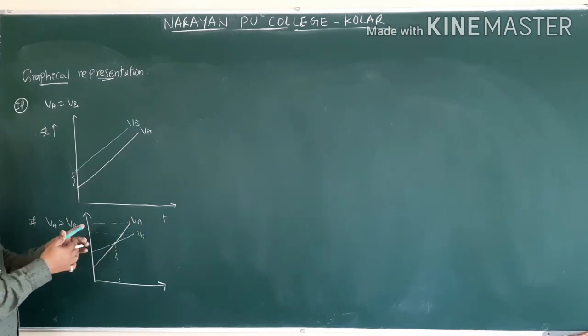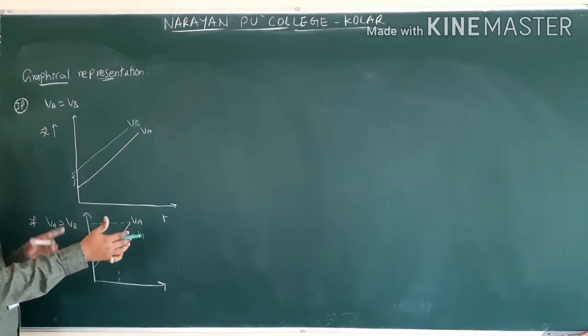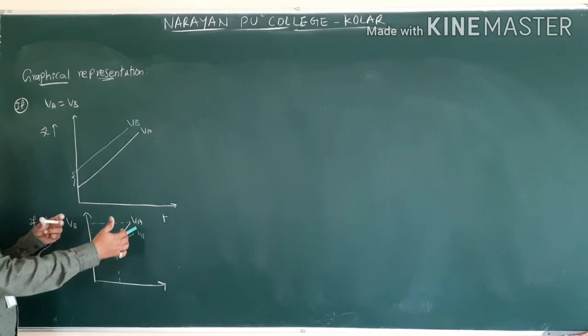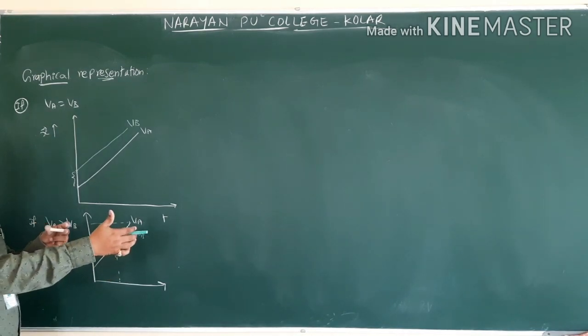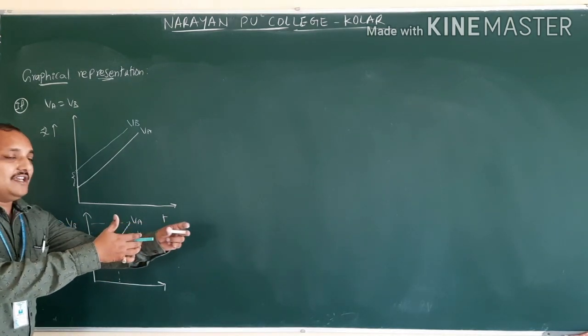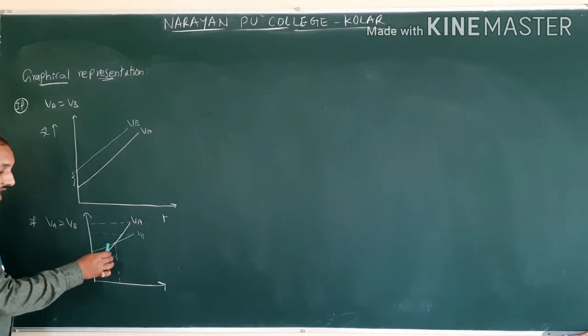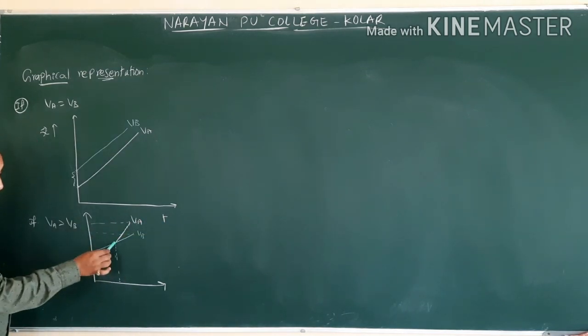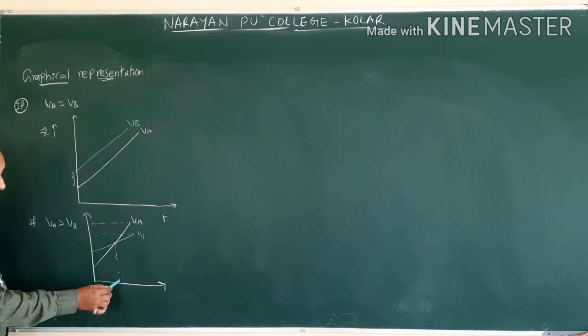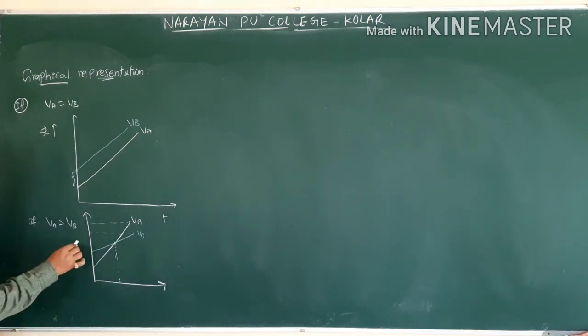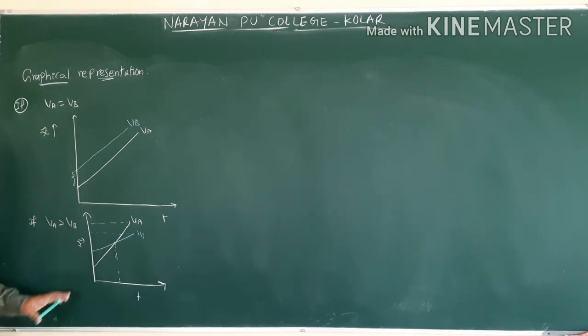White color is VA, this color is VB. After some amount of time, see, VA is crossing B. This axis is the time axis, this is displacement, this is time. So when VA is greater than VB, the graph will come like this.